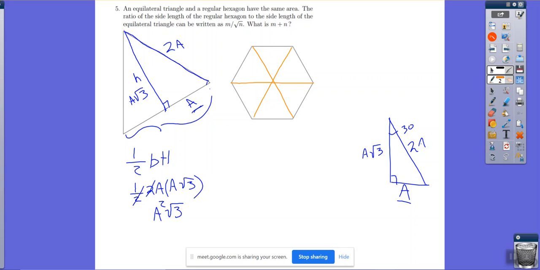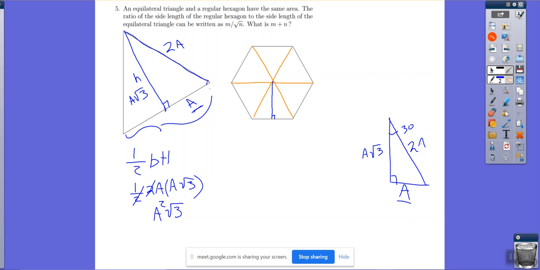And as we've already said, the equilateral triangle is really just two 30-60 right triangles. There are 12, 30, 60 right triangles. But do we have to use B's or something instead of A's?